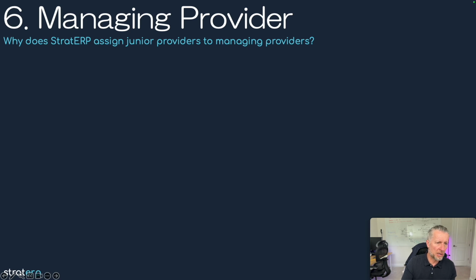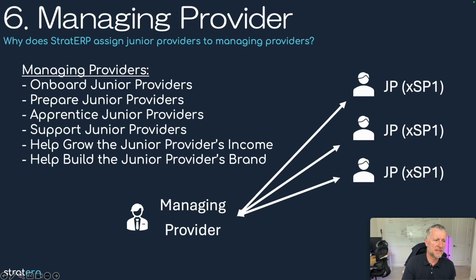Next up, why does Strat ERP assign junior providers to managing providers? Well, because the managing providers are onboarding the junior providers. They're preparing the junior providers. They apprentice the junior providers, right? So think about it. When these folks are coming in, there needs to be some level of, we always call it care and feeding, to make sure everybody understands the way we do things.